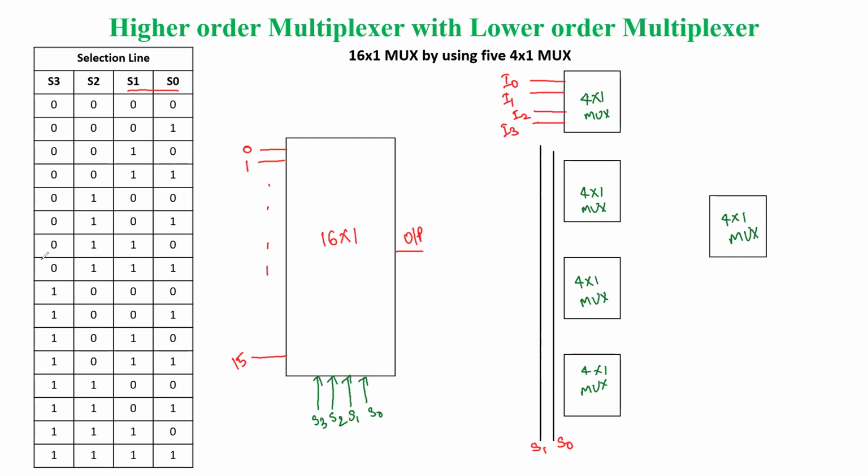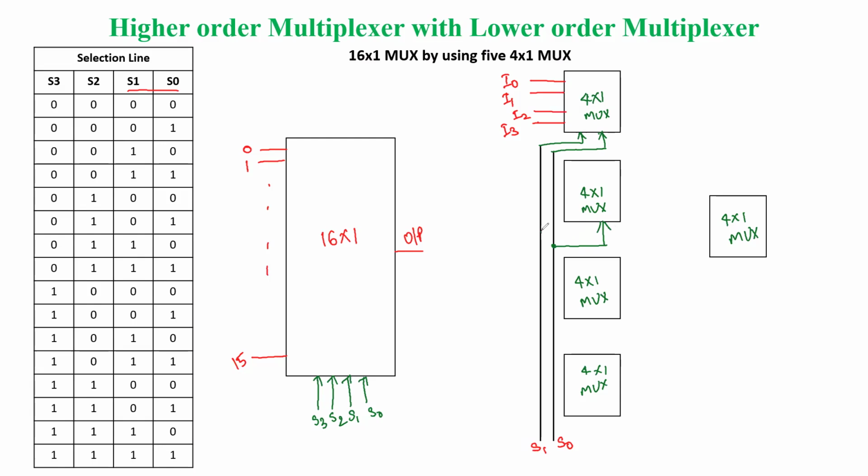Now, in the connection part, we are going to connect the selection lines to each multiplexer. So S0 is connected here, and S1 is also connected. The same selection lines we are going to use for the other first stage multiplexers also.